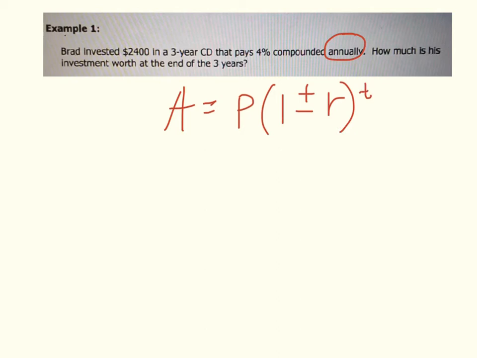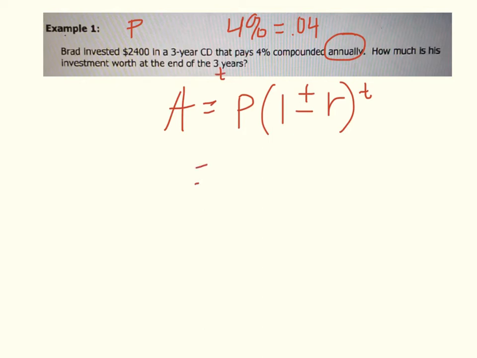So let's go ahead and plug in the things we know. We are investing $2,400, so that is going to be our principal. Our rate is going to be 4%, which turned into a decimal is 0.04. And then our time, we're doing it for 3 years, so our time is going to be 3.